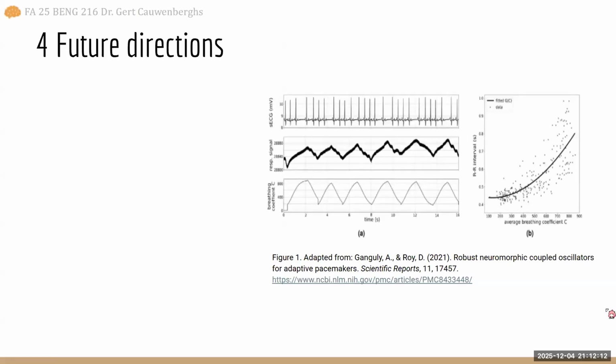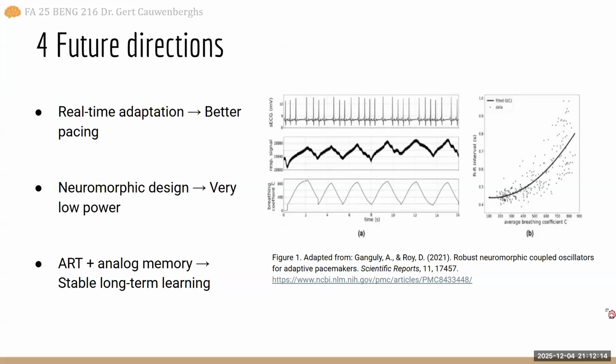Once we're able to get this to work, hopefully the eventual future possibilities of this project would be, one, real-time adaptation, which would help continuously track physiological rhythms like stress, movement, or breathing. And instead of using fixed thresholds, an adaptive system would adjust pacing automatically as the body's needs change.